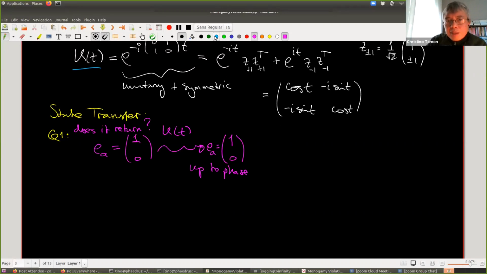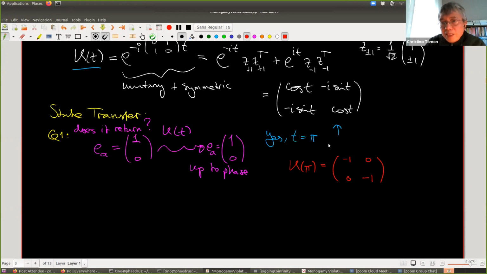So the answer to this is yes. If we take time equals pi, because if we peer through this matrix, at time pi it looks like -1, 0, 0, -1.